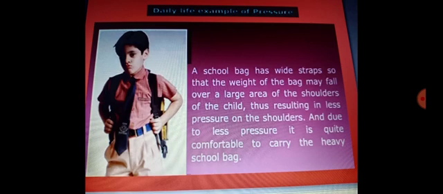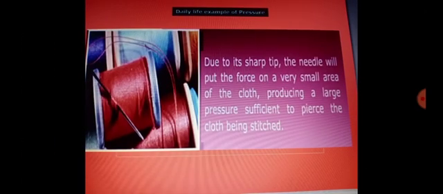So, as the flat strap exerts less pressure on the particular area of the child's body where the strap touches, it is more comfortable for the child to carry the bag. Due to its sharp tip, the needle puts the force on a very small area of the cloth, producing a large pressure sufficient to pierce the cloth being stitched.